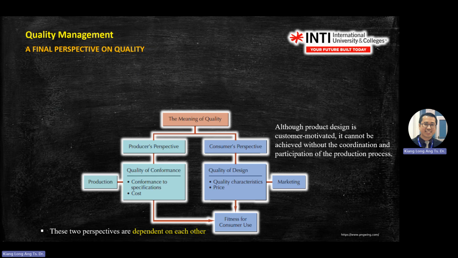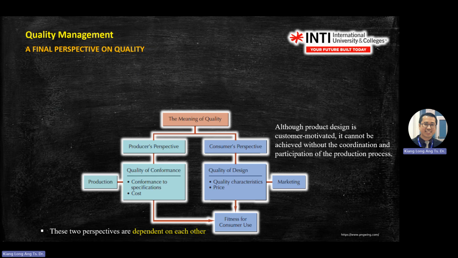So when we talk about quality just now, there are two perspectives. On the left is the producer perspective, and another one is the customer perspective. These two must be balanced at the end of the process. On the producer perspective, the quality of conformance, they look at specification and cost.